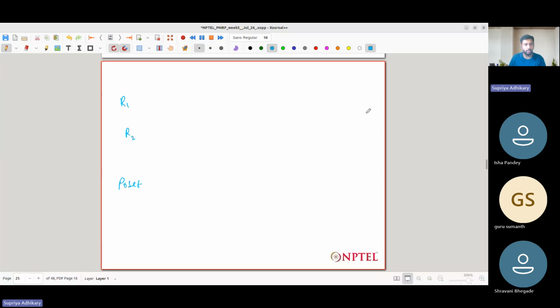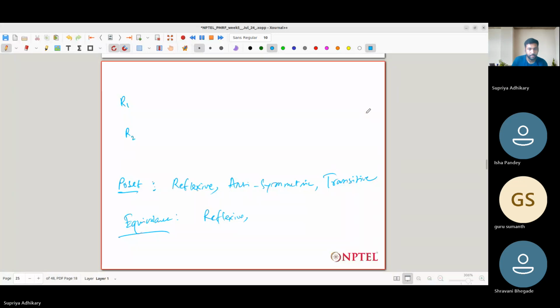Now for a poset, what are the conditions for a relation? The first condition is reflexive. Second is antisymmetric. And the third one is transitive. On the other hand, for an equivalence relation, we need reflexive, symmetric, and transitive.